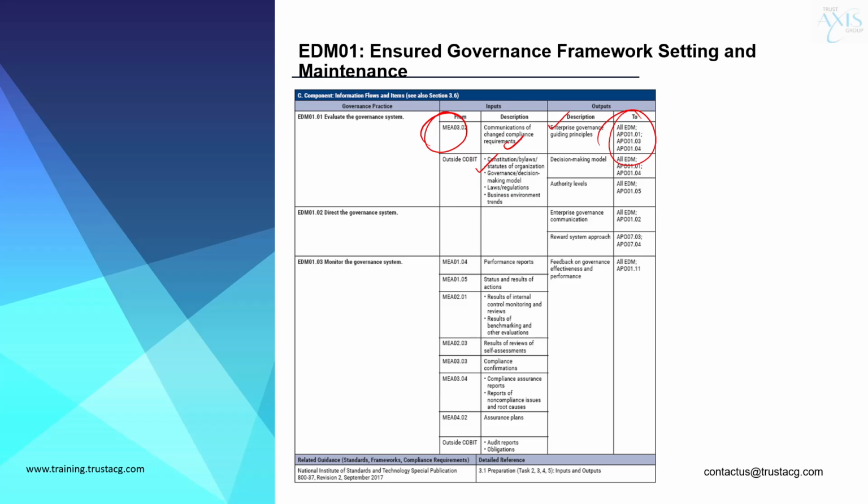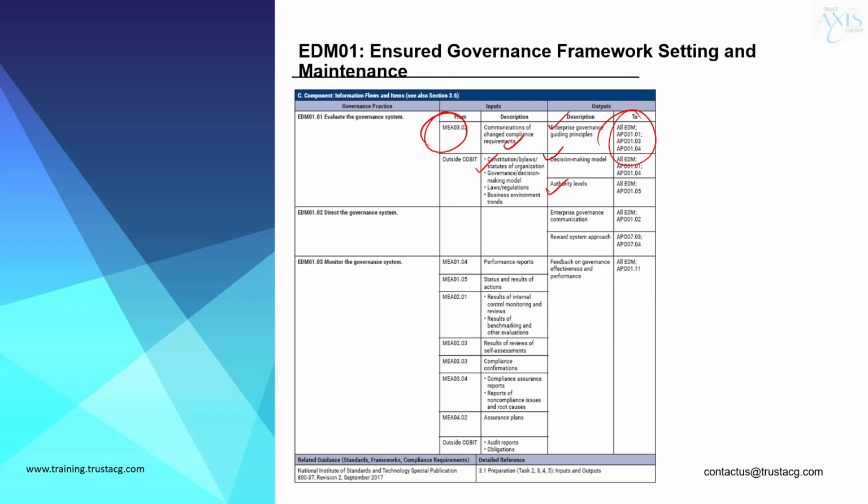It will also help you curate a decision-making model, which will define who has the authority to make what types of governance or operational decisions, and defined authority levels, which will establish clear accountability lines within the enterprise. Now, these outputs are shared across all EDM processes as well as the related management processes, which handle enterprise strategy, management, and architecture.